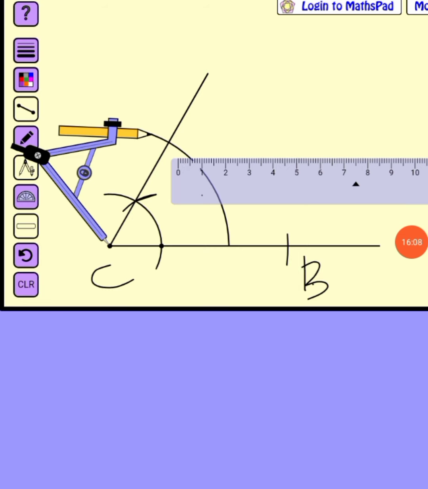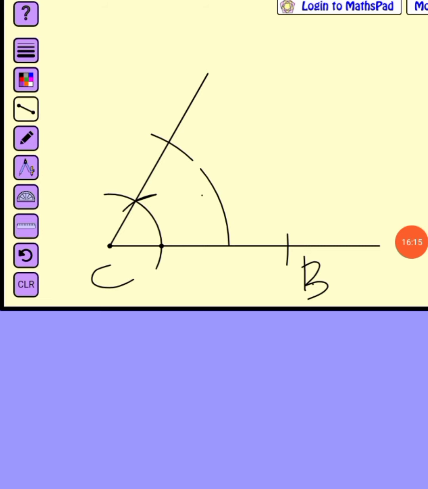Fine. So this is C. Sorry, this is A. This is A.